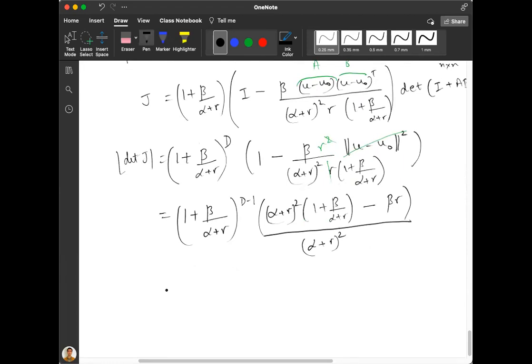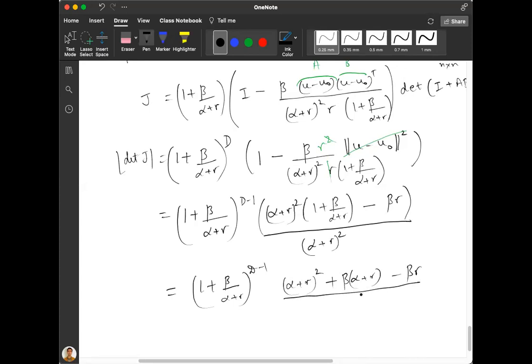Now let's try to simplify this. This is equal to 1 plus beta upon alpha plus R to the power D minus 1. And then this term goes inside: alpha plus R whole square plus beta times alpha plus R, only single alpha plus R. So beta times alpha plus R minus beta R upon alpha plus R whole square.